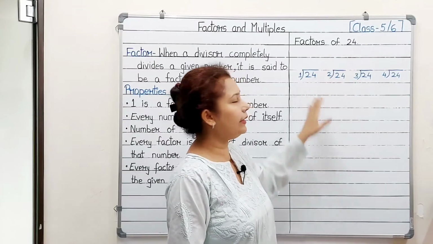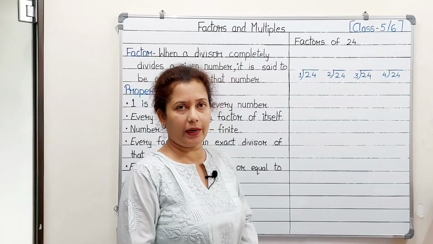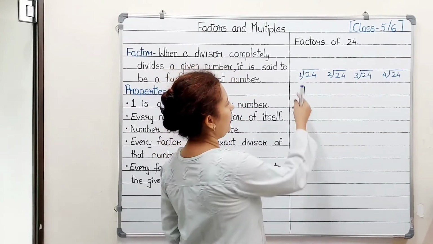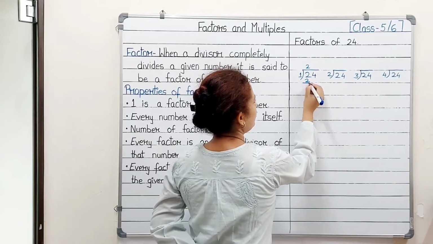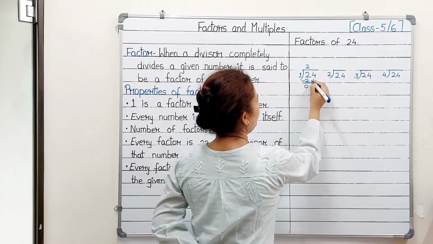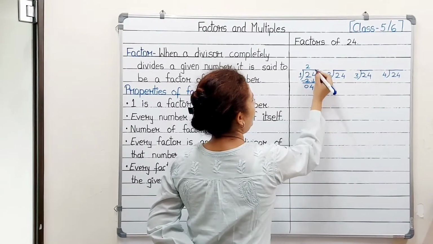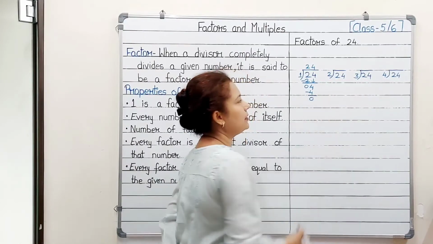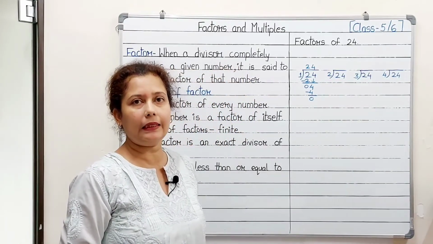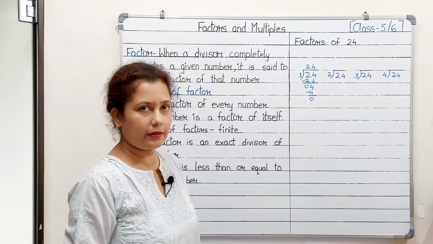Now we will find out the factors of 24. For that, we will divide 24 first by 1. So 24 divided by 1. 1 into 2 is 2, 0. 4 comes down. 1 into 4 is 4. Remainder is 0. So 1 completely divides 24 with remainder 0.